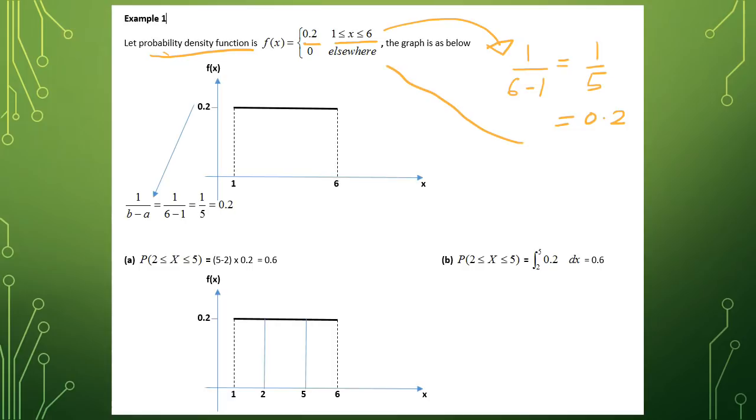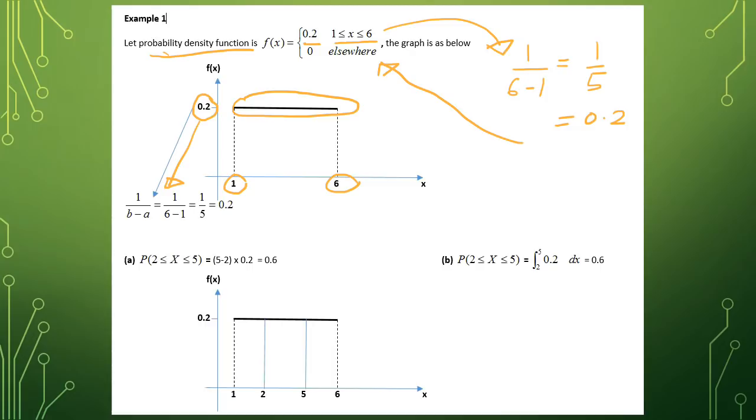So you can say that this function is a uniform probability distribution. If it is a uniform probability distribution, you know the shape of the graph. It is uniform like this. The interval is 1 to 6 like this. And f(x) is 0.2, which was calculated in this manner.